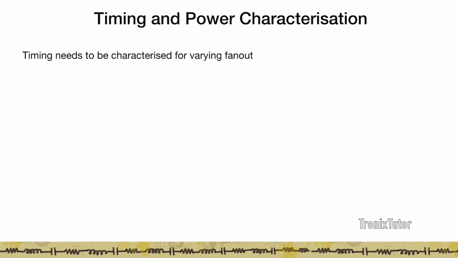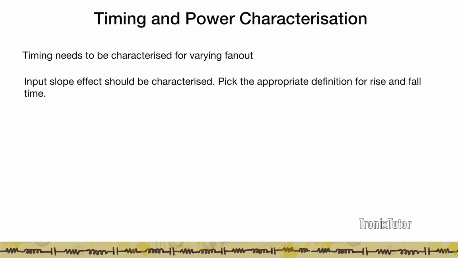Now, what are the kinds of characterization one needs to do on these cells? First is timing. Timing needs to be characterized for varying fan out whenever you construct a standard cell. In addition, you need to characterize the impact of the input slope, because depending on how you do the design, you may not be using the optimal FO4 sizing, either due to some power constraint or some other constraint.